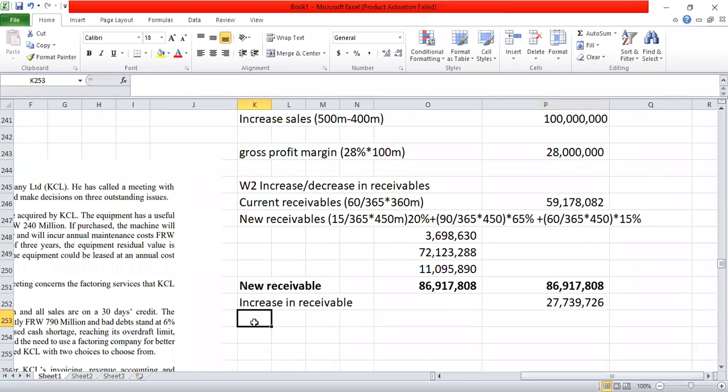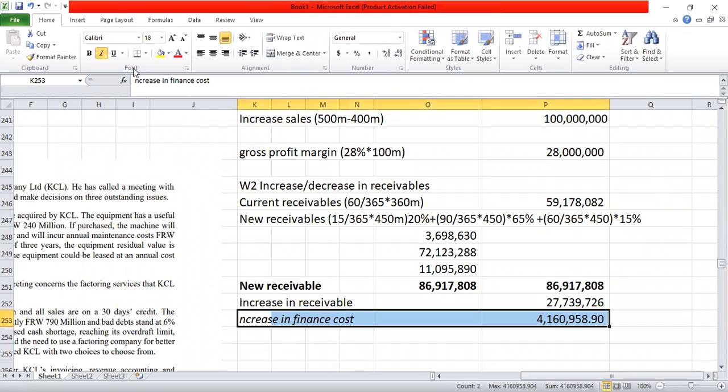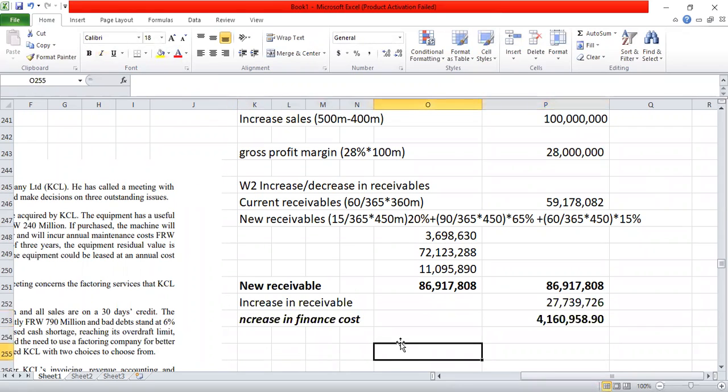So the increase in the finance cost is this times 15%. That is the increase in finance cost after introducing the new policy.